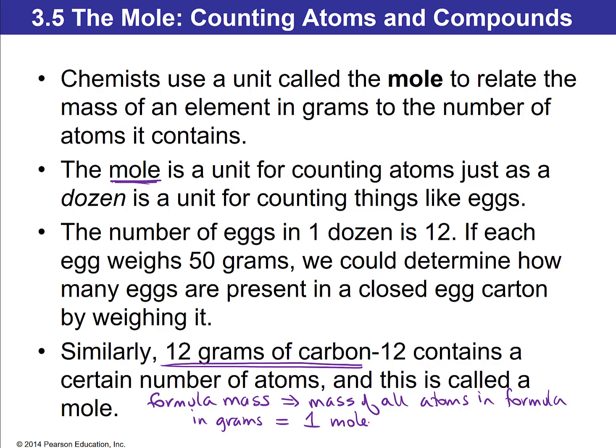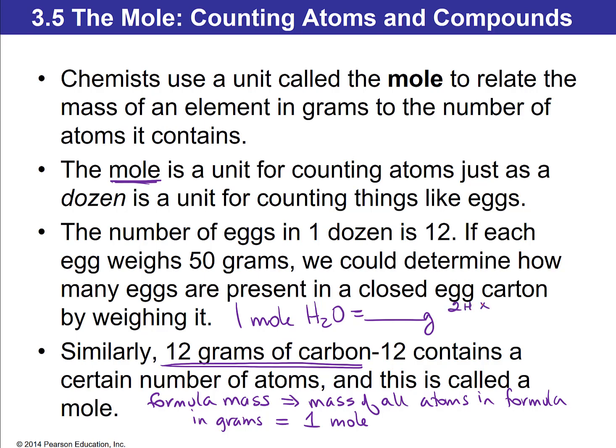So if we had 1 mole of water, to figure out how many grams it is, you just add up the weights of each of the things in the molecule. So you got to add the weight of 2 hydrogens and add oxygen. So H2O, 2 hydrogens and 1 oxygen.